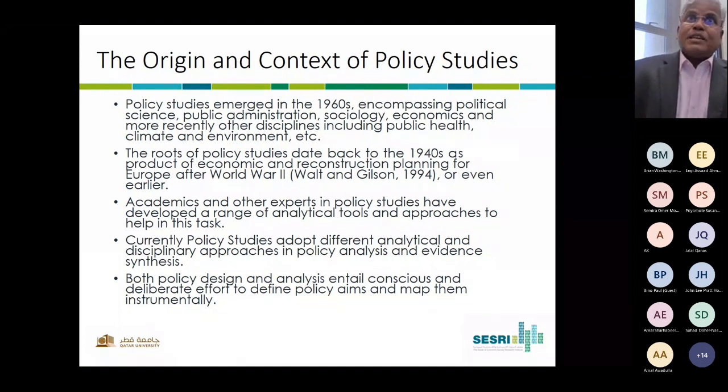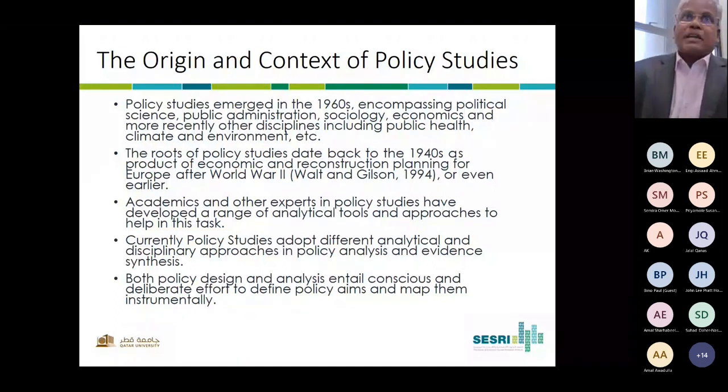But in recent times, policy studies encompass many other disciplinary areas, including public health, climate, environment, law, and many more subject areas. Therefore, the roots of policy studies actually date back to the 1940s as a product of economic and reconstruction planning for Europe and the rest of the world after World War II, or even earlier.